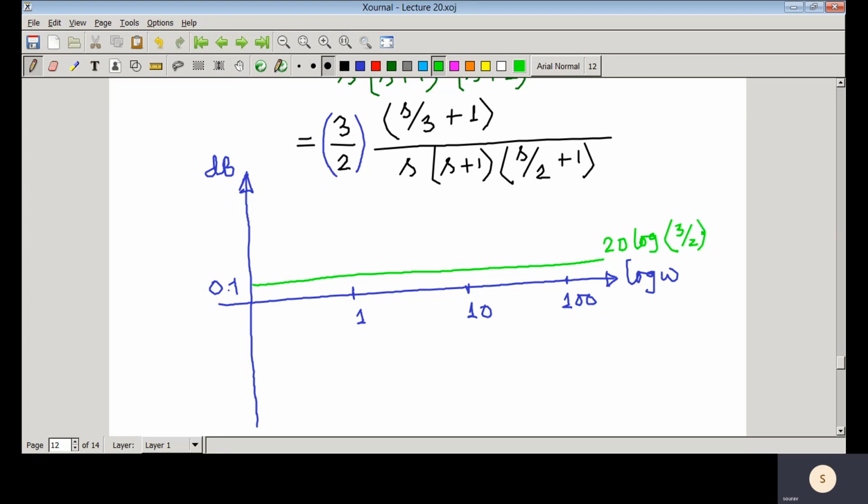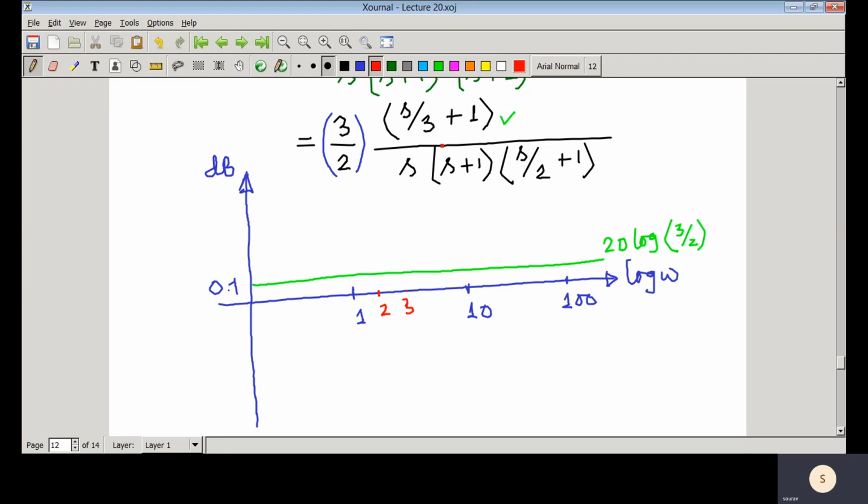Then if we consider this factor, which is in the numerator, you can see that a corner frequency is coming. Suppose here this is 2 and this is 3, so they are all on a logarithmic scale. I am just showing the corner frequencies, but they are not in proper scale.